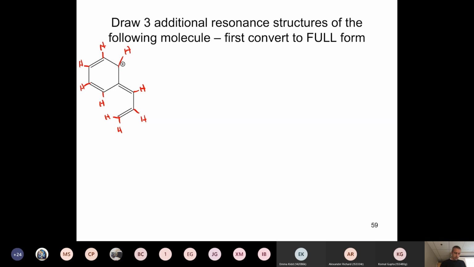So what we can do is move, say, this one over. And I'm pointing it halfway between those two carbons. I'm not pointing it to an atom. It's going between them because it's going to make a double bond. And what this will make is something like this.